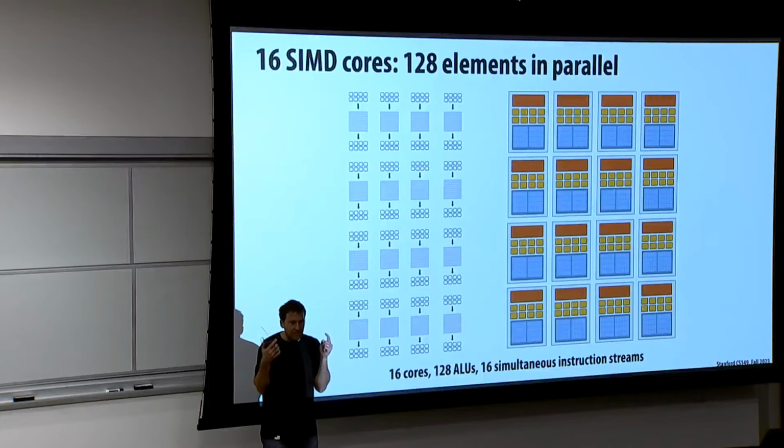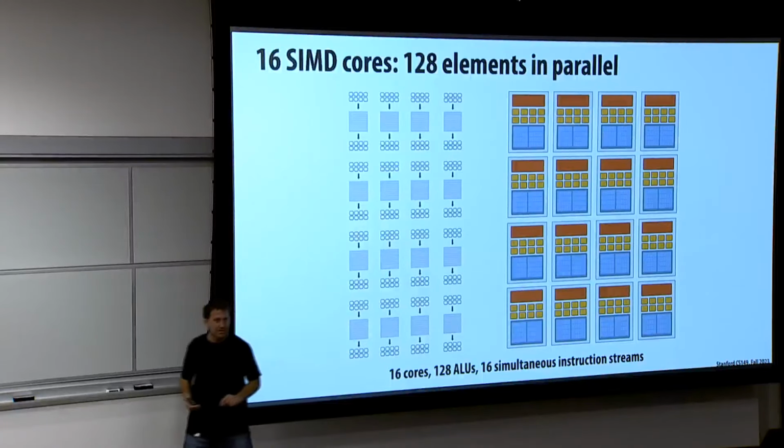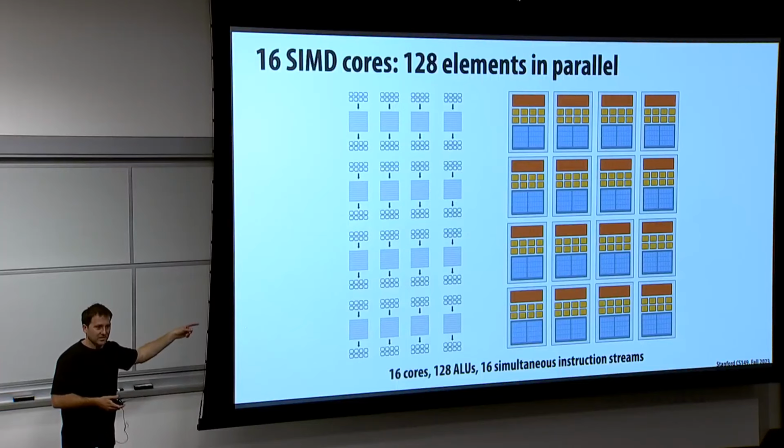If I think of what's going on at any moment in time, there's 128 pieces of work getting done at any point in time. So if I perfectly parallelize and compare my performance to my original starting processor that had 1 core and 1 ALU per core, I might be up to 128 times faster.